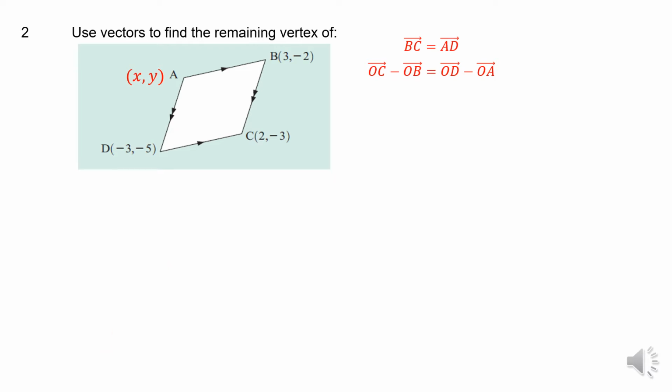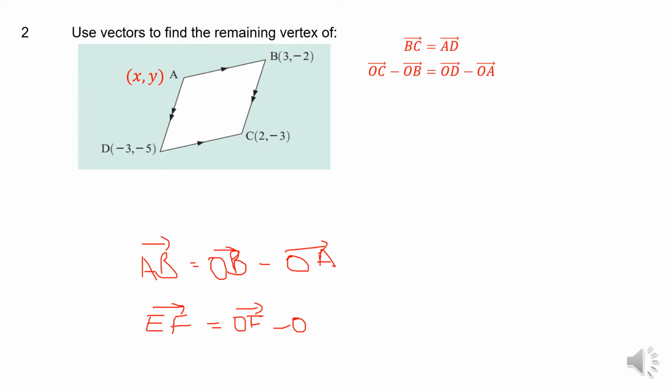If you are supposed to find vector AB using position vectors, it is the second point, OB, minus the first point, OA. Please don't forget that. So if you have EF using position vectors, how do you find E to F? It is the second point, OF, minus the first point, OE.